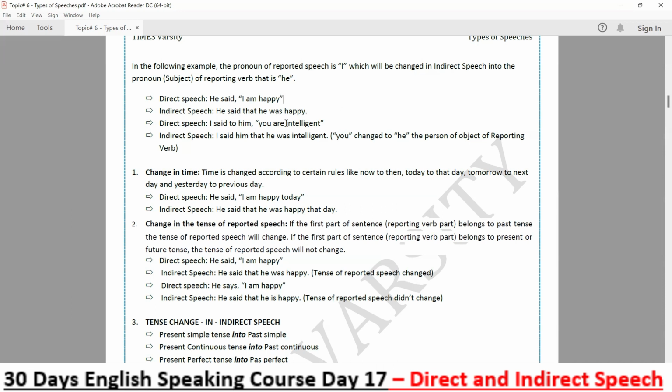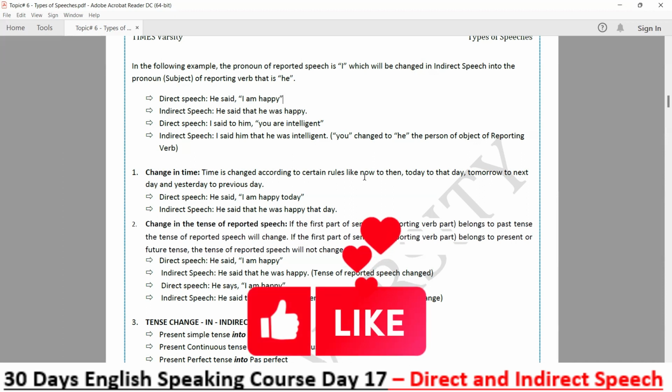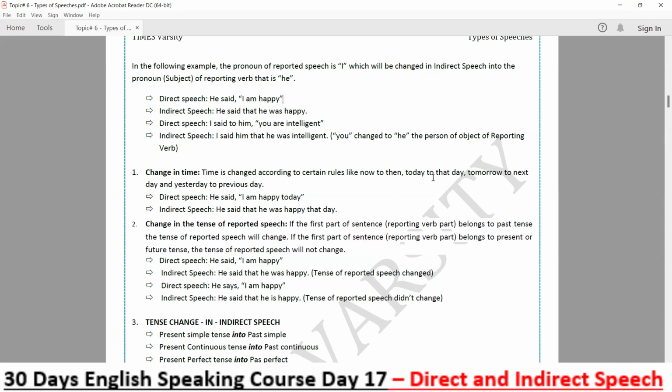Okay. Another is change in time. Time is changed according to certain rules: now changes to then, today to that day, tomorrow to the next day, and yesterday to the previous day. So direct speech, he said, "I am happy today."